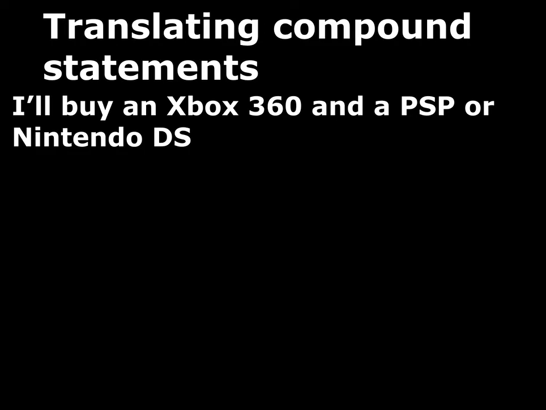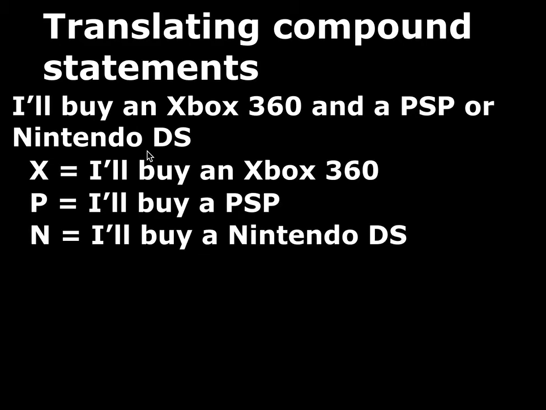Suppose we didn't have either of those clues. So here's the same statement, except I got rid of the comma, and instead of either or, I just have or. Okay. Well, let's go ahead and try to translate this. So same three atomic statements. And if we plug this back in, we get this, X and P or N. Now the problem is this is ambiguous.